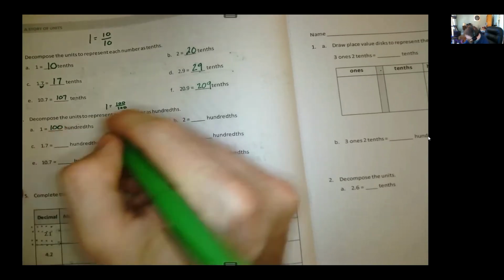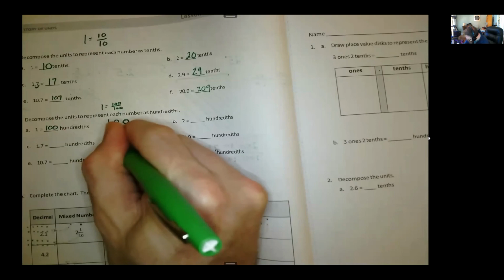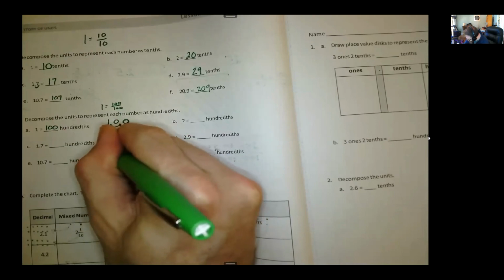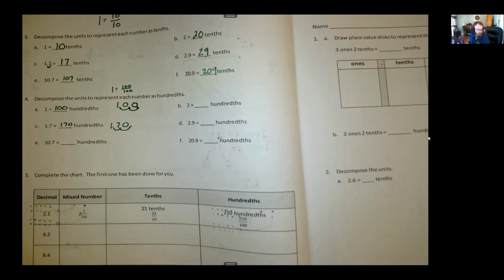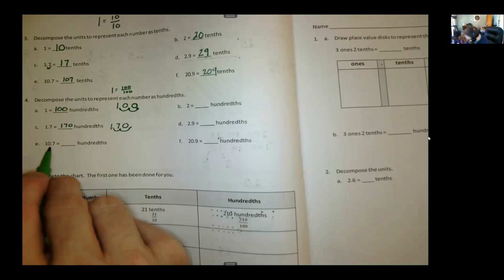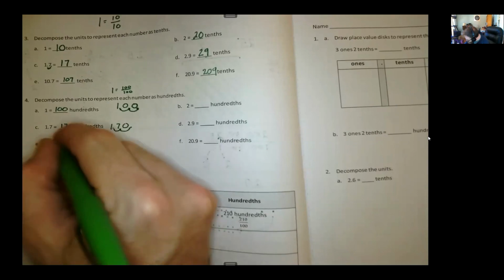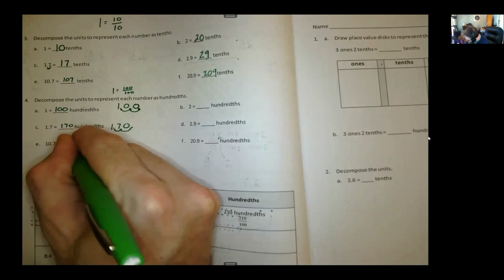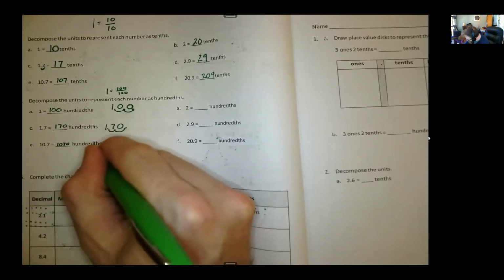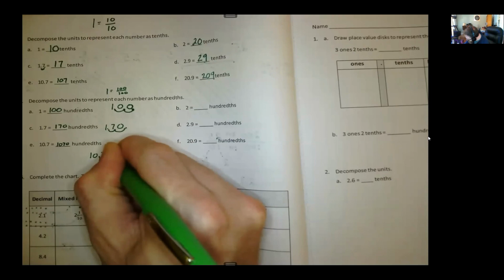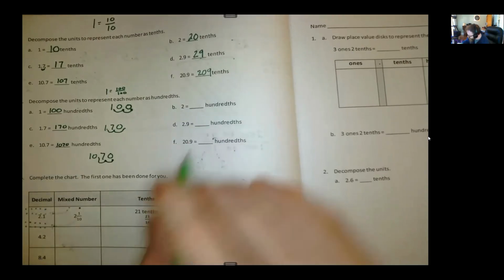You can use the same trick, 1.7. Remember, 1.7 is the same as 1.70. Move your point 2 spaces to the right, and 1.7 becomes 170 hundredths. 10 and 7 tenths becomes 1,070 hundredths, because again, 10.7, 2 places to the right, 1,070.